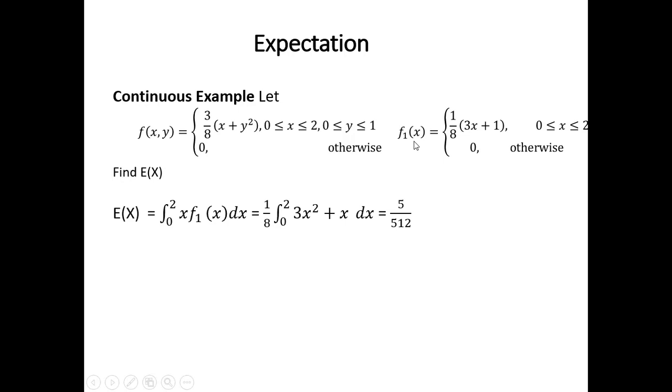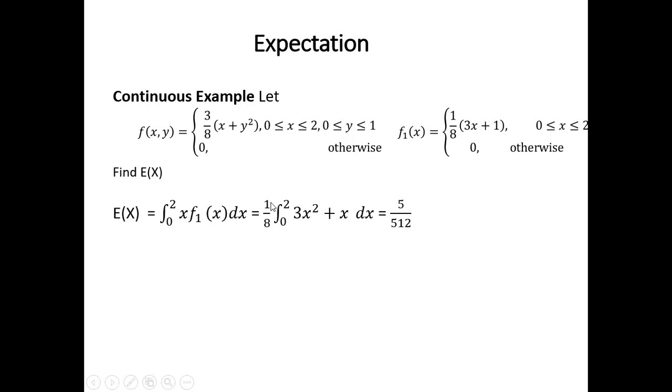We know that the marginal PDF with respect to x, we found this before, is 1/8 times 3x plus 1. So if I wanted to find the expectation of just x in this case, here we would have the integral from 0 to 2 of x times the marginal.